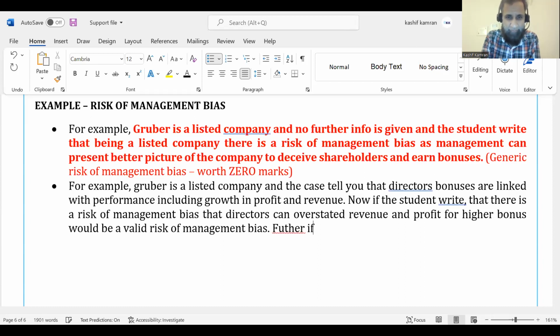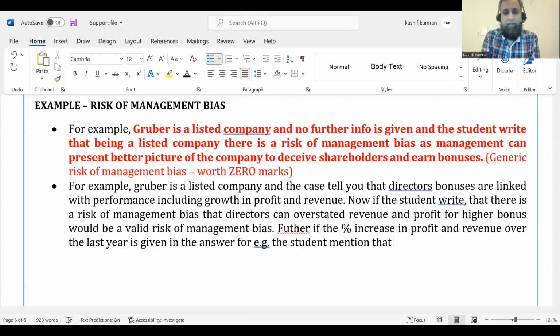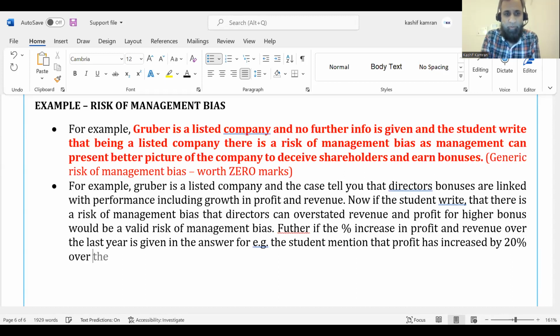Further, if the percentage increase in profit and revenue over the last year is given in the answer, for example, the student mentions that profit has increased by 20% over the last year, indicating that the risk of management bias exists.